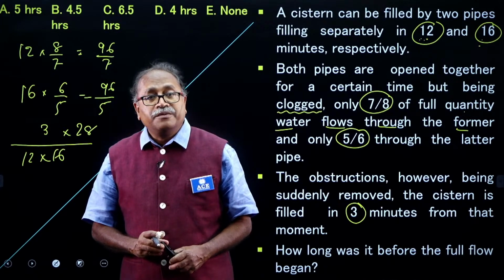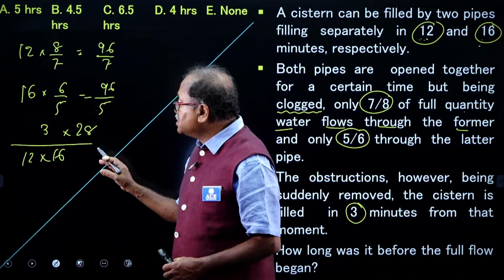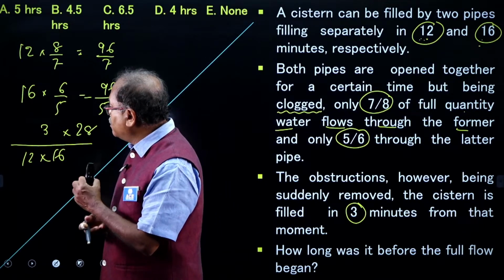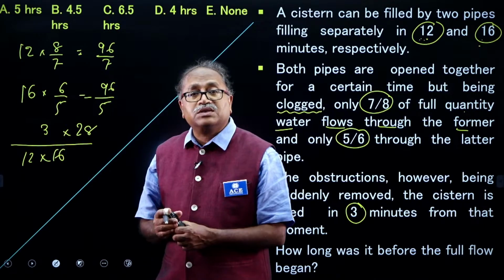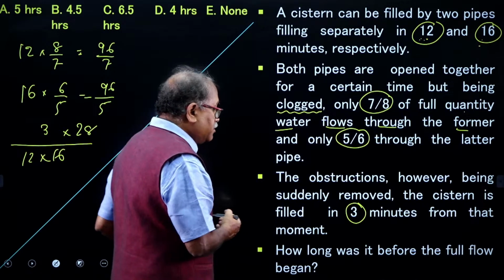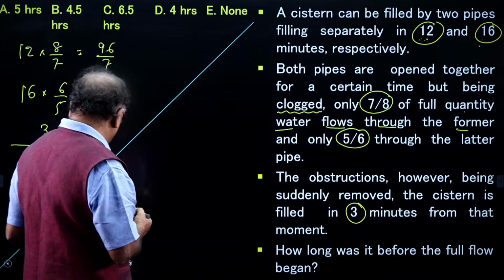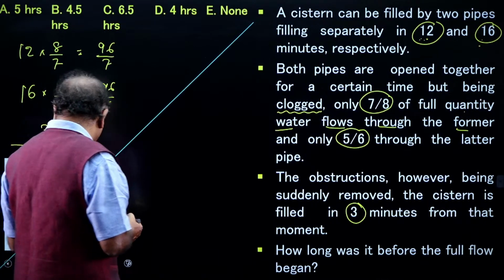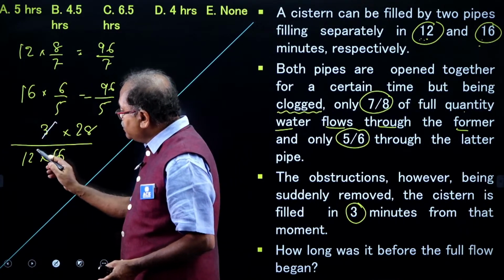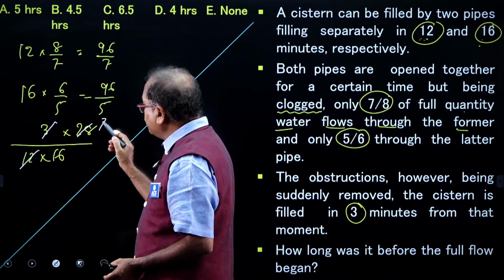Am I right over here? So, this is the part which got filled in the last 3 minutes. So, let us find it out. In the last 3 minutes what part is actually completed, and this gets cancelled with 4 times, and with 4 this is 7 times.